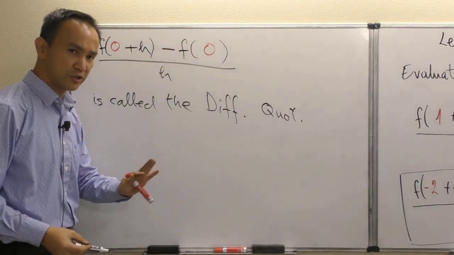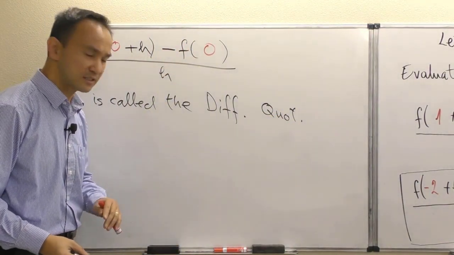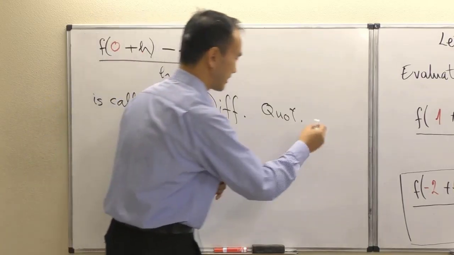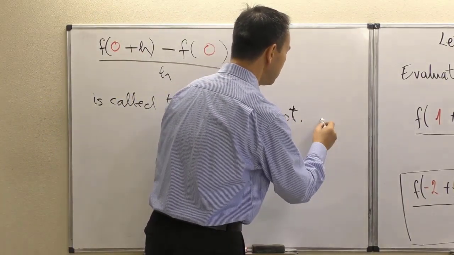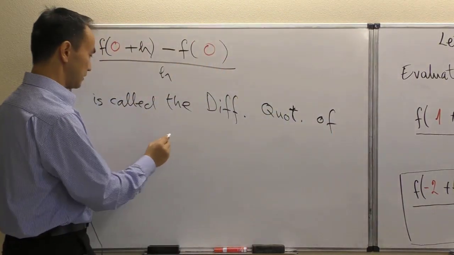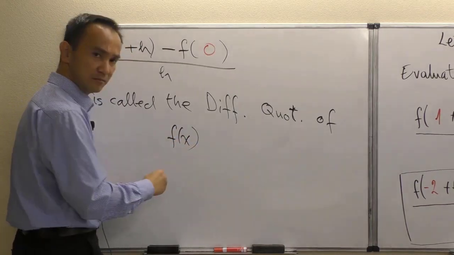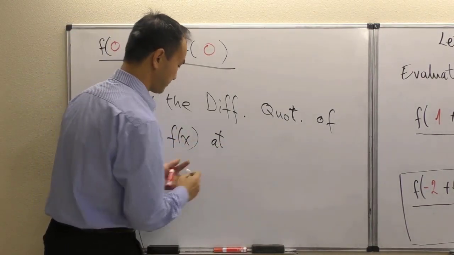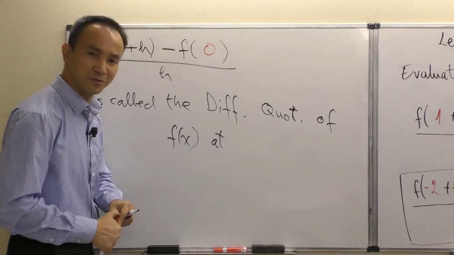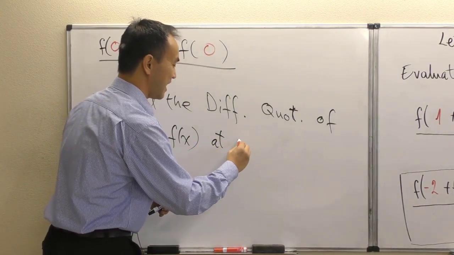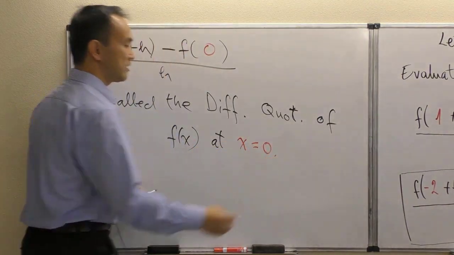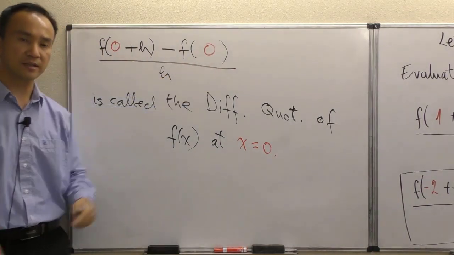Allow me to start using shorthand writing. It's not nice, but there is a lot to write. The difference quotient of the function f of x, of course, but here at, what do you think? This has to be at x equals 0, that emphasized value right there.